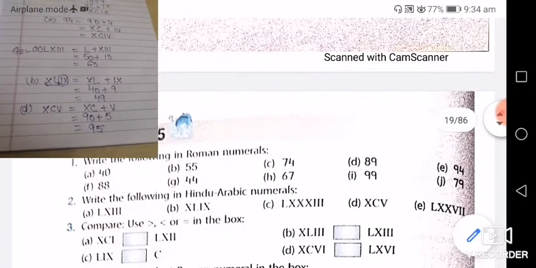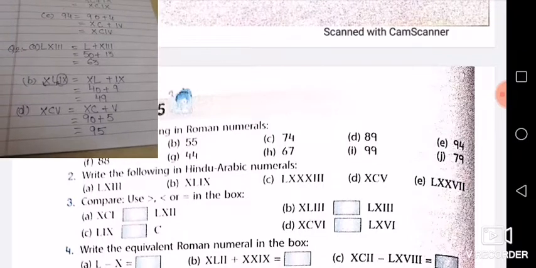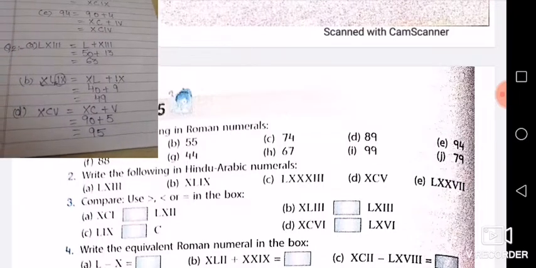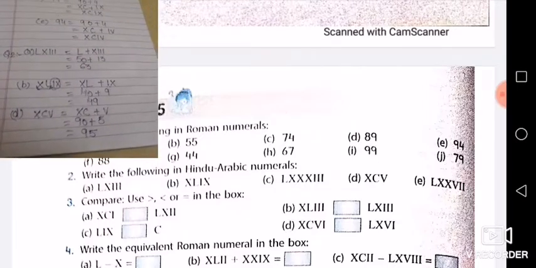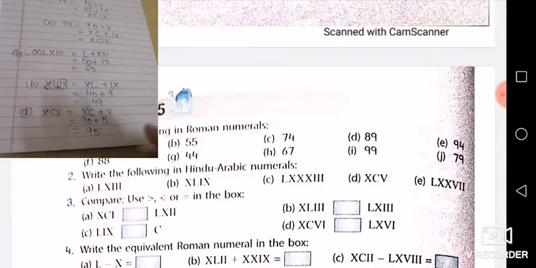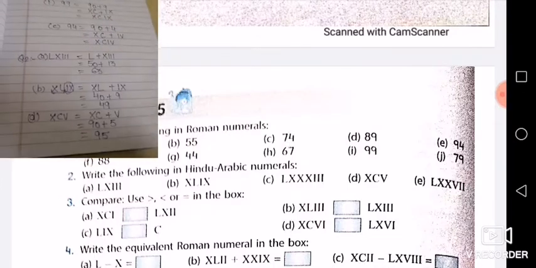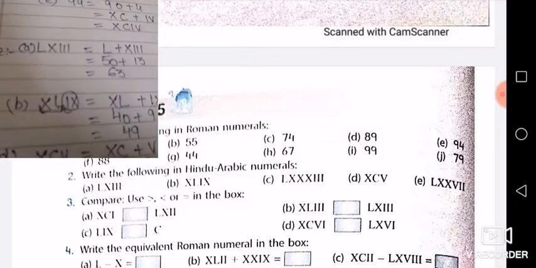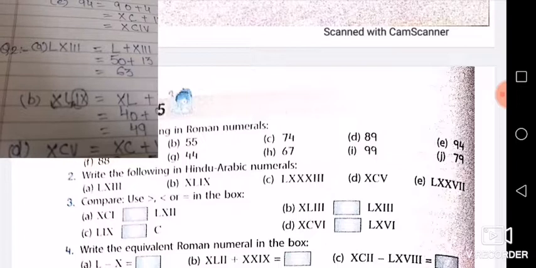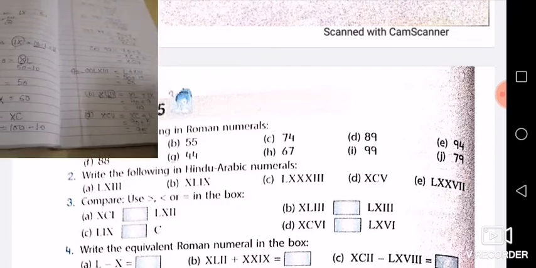Now see question number 3 in your exercise. Compare using these symbols. So you have to find out which number is bigger. In rough only you can find it out, and in that question only you will put the sign. Like XCI. XCI means X is smaller than C, that will become 90 plus 1, 91, and the other number is LXII.